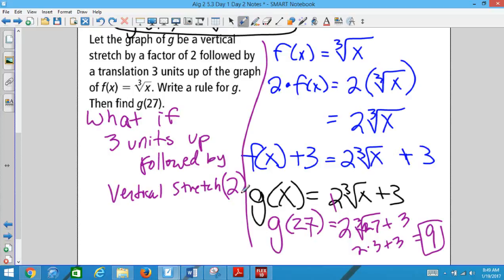Would that affect the answer? I don't think so. Well, let's find out.